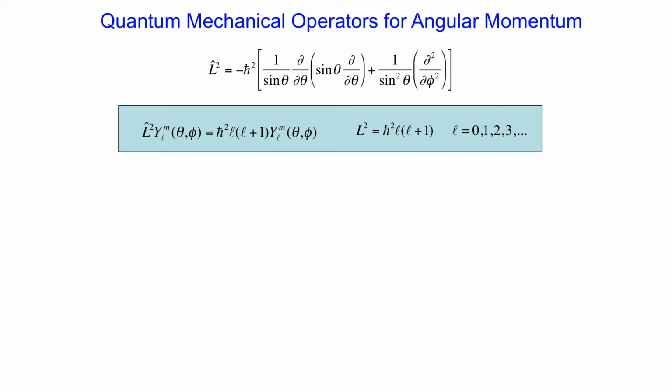We're essentially just missing the over 2I component that we had for the rigid rotor energy levels. Remember E sub J was h bar squared J times J plus 1 over 2I.